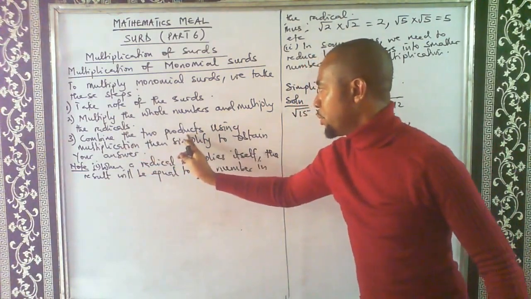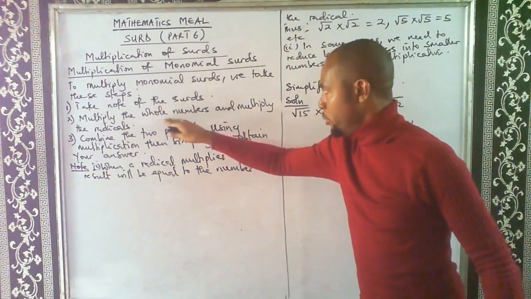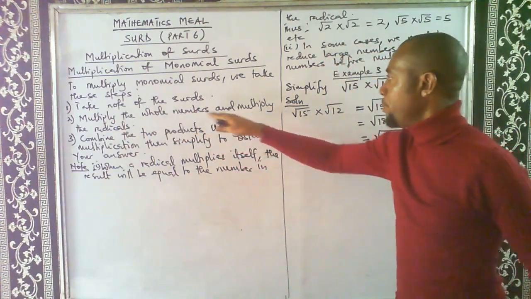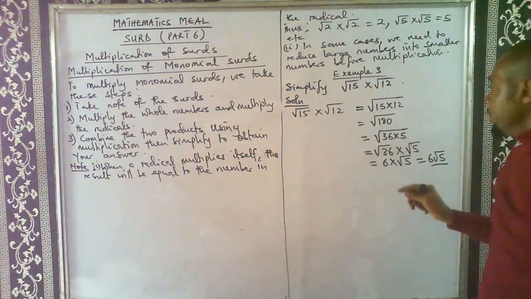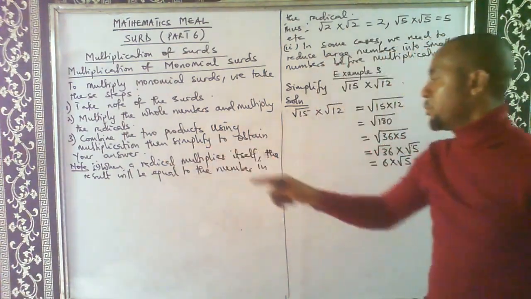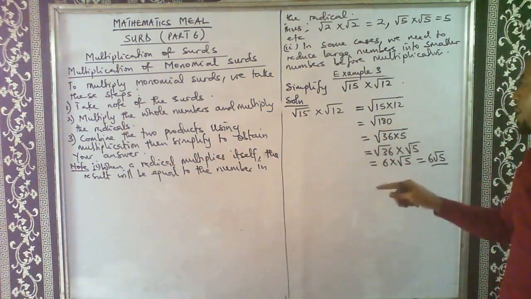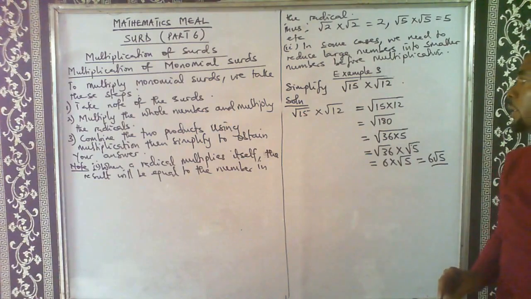Combine the two products. That's the product of whole number and the radical. But we don't have whole numbers, so we will not be combining the products. The only product we have is the product of the radical. So all we need to do is to now simplify to obtain our answer. The number here is large, we express it in basic form to get the answer.